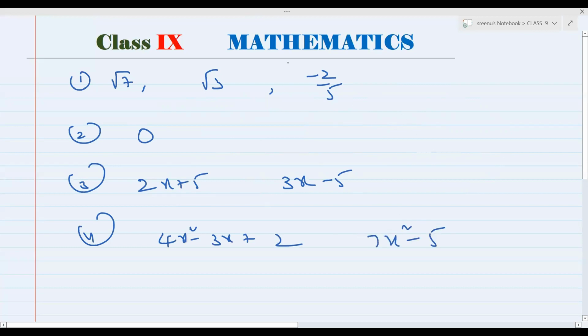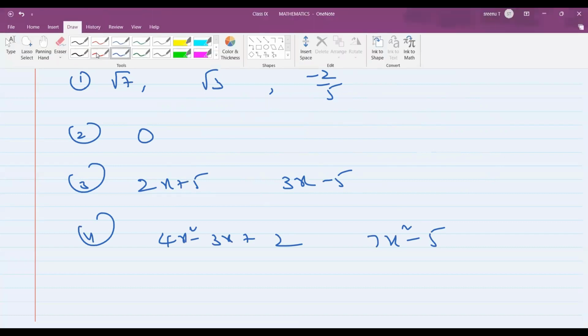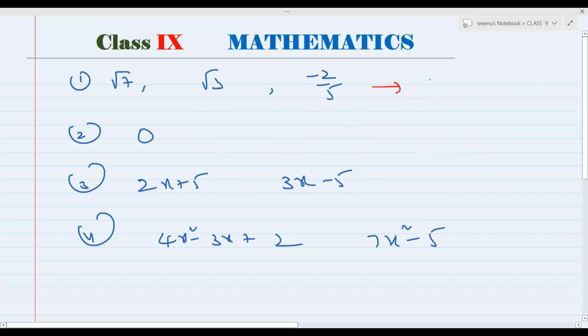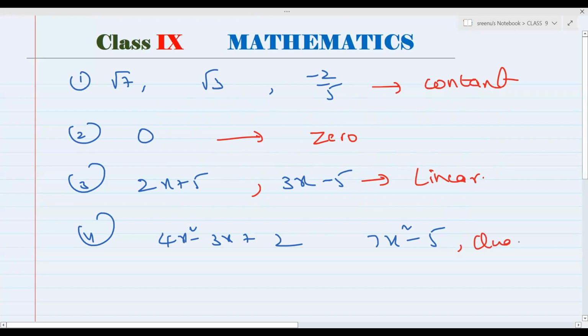So here I wrote different polynomials, and I will name them now. First one I will name as constant polynomial. Second one as zero polynomial. Third one as linear polynomial. This is quadratic polynomial.